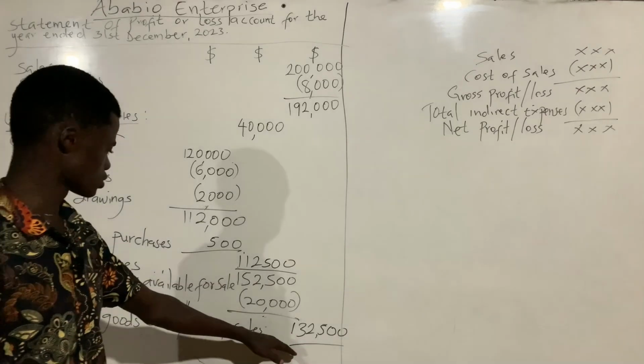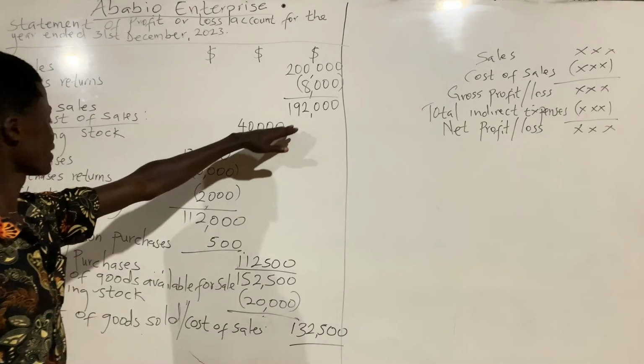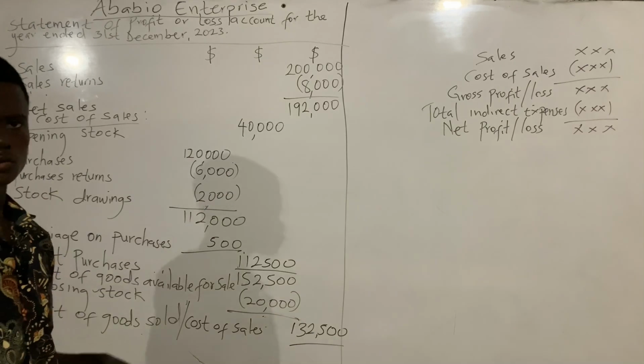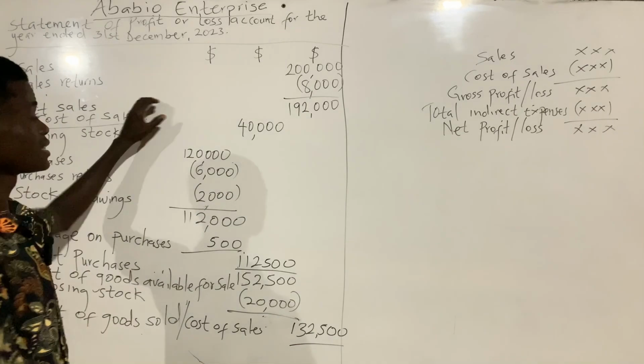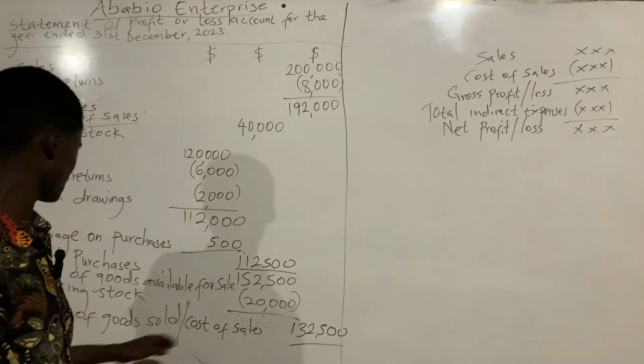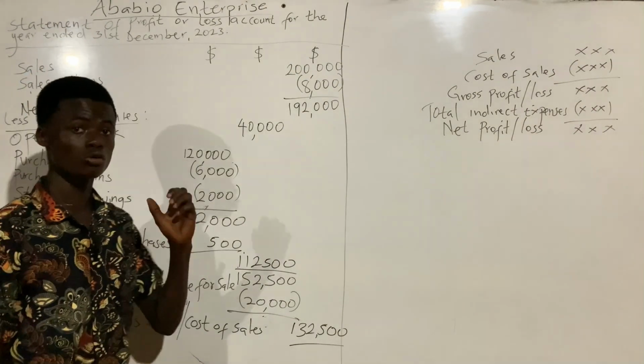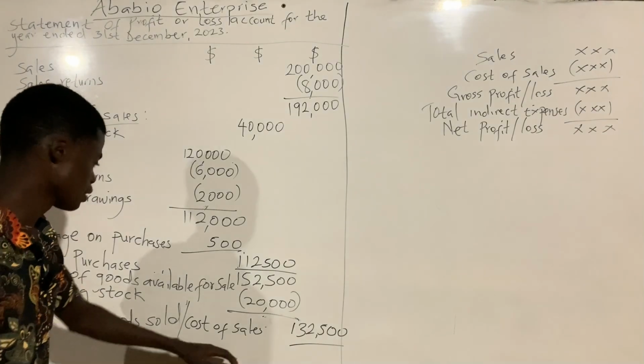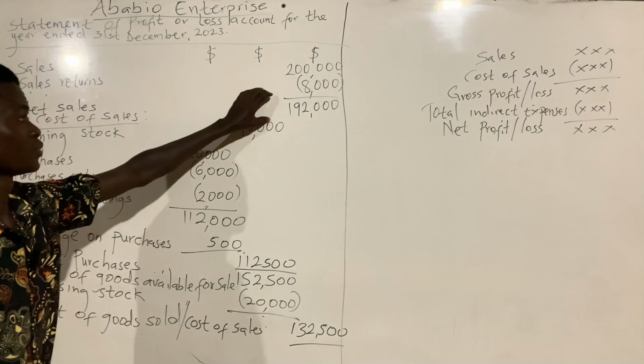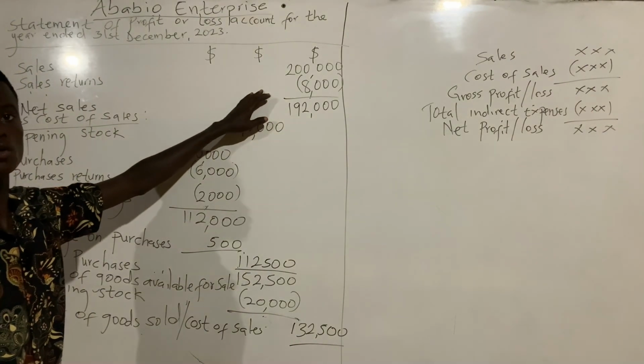And this will be subtracted from the net sales to get our gross profit or loss. So if the net sales is more than the cost of sales or the cost of goods sold, then there is gross profit. But if the cost of sales is greater than the net sales, then there is gross loss.